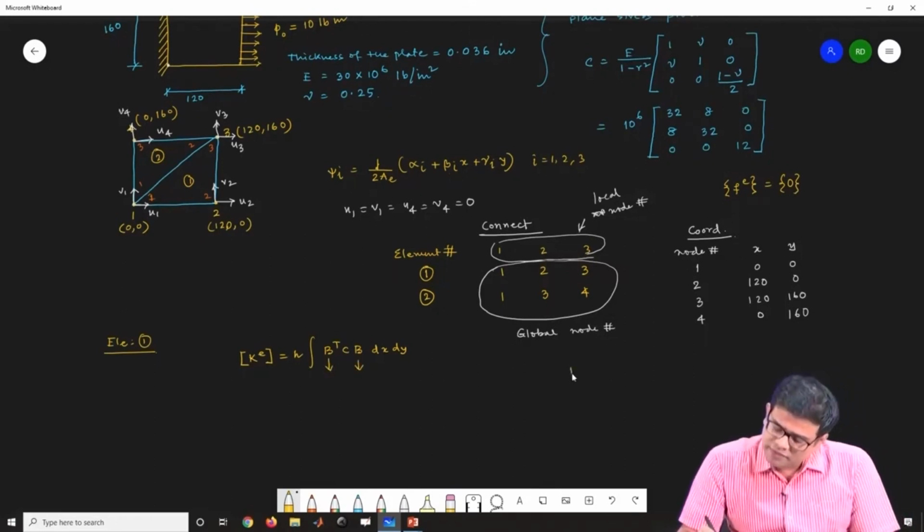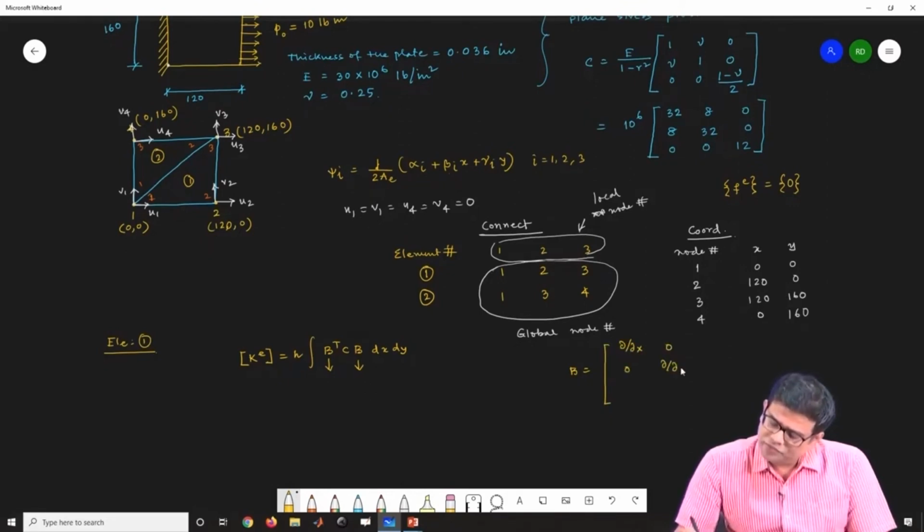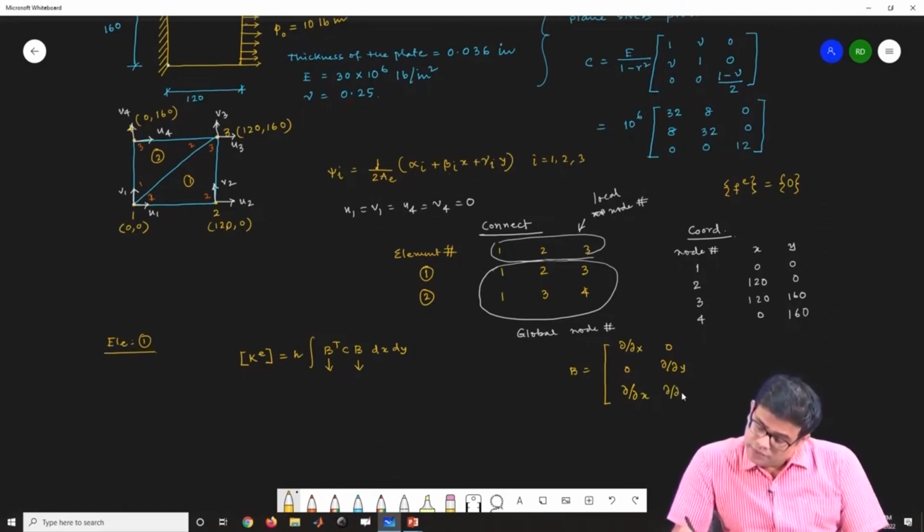B is my differential operator, that is del/del x 0, 0 del/del y, and del/del y del/del x.